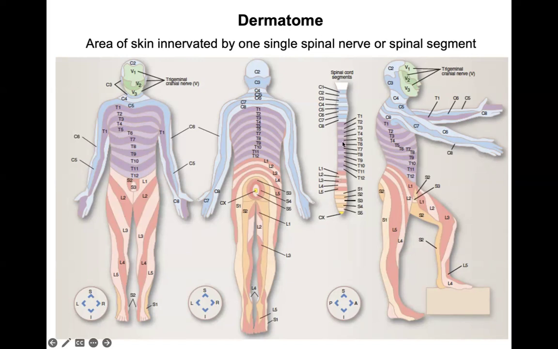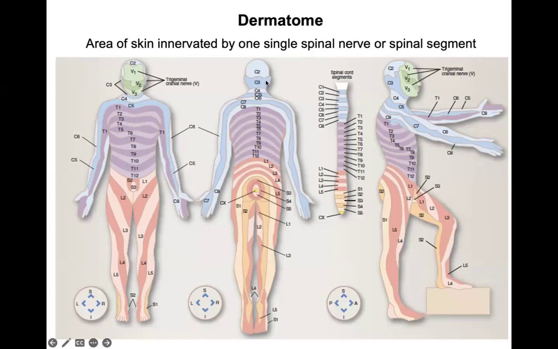Again, no need to memorize these numbers, but just to show you that we have different sections of the spinal cord, right? Each section of the spinal cord has nerves, and the sensory nerve is the nerve through which we receive information from the body, right?